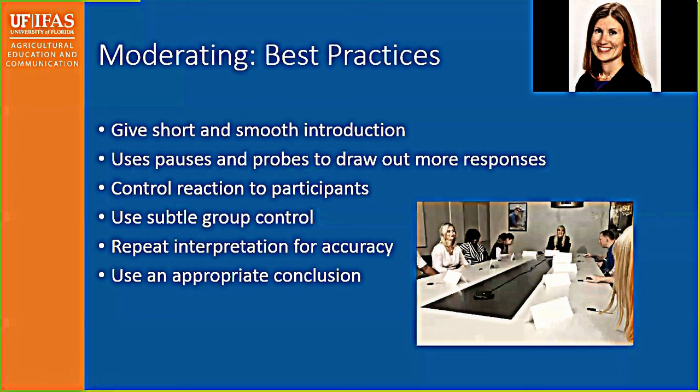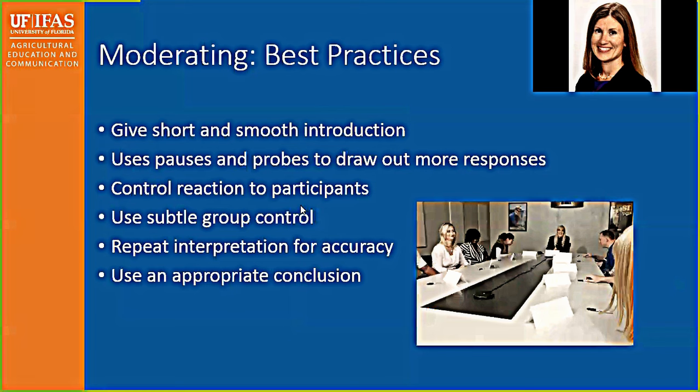One of the most important things that you'll do is use pauses and probes to really get at the questions that you're trying to have answered, and you need to be comfortable with just waiting for people to answer. It's really a skill to get more information when people aren't talking a lot.